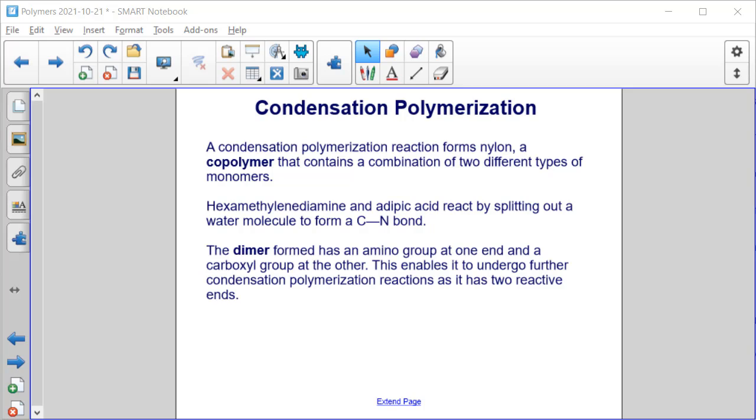The dimer formed has an amino group at one end and a carboxyl group at the other. This enables it to undergo further condensation polymerization reactions as it has two reactive ends.